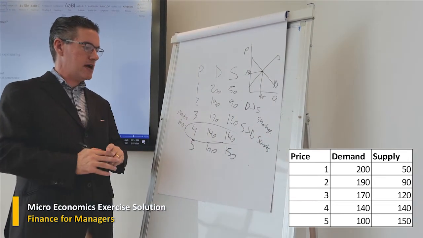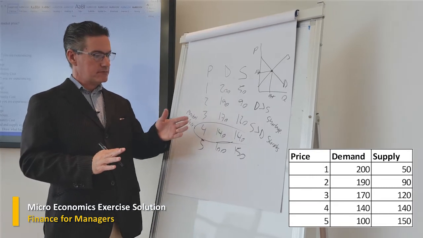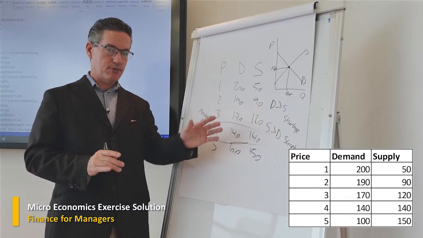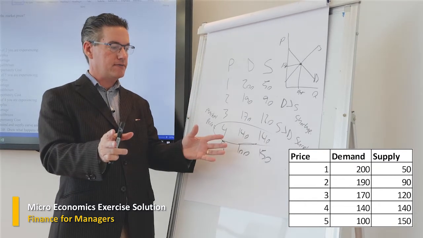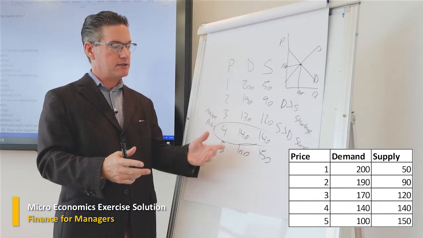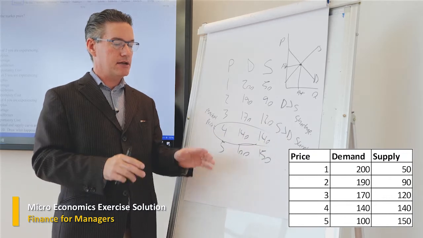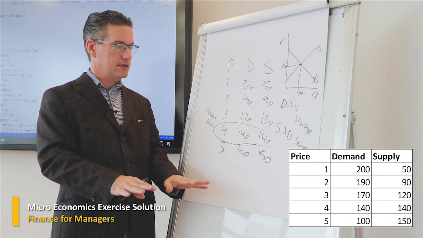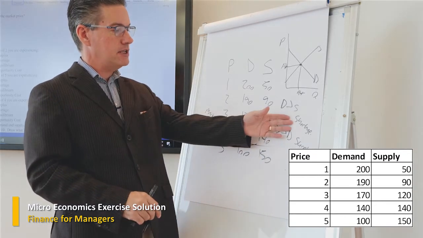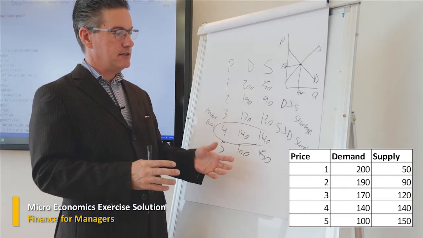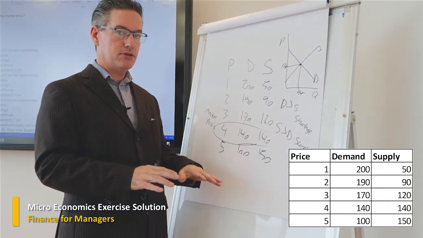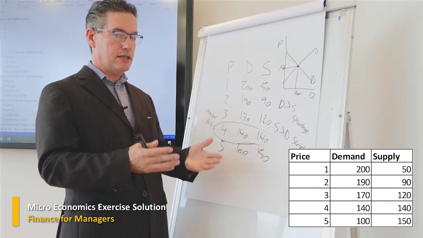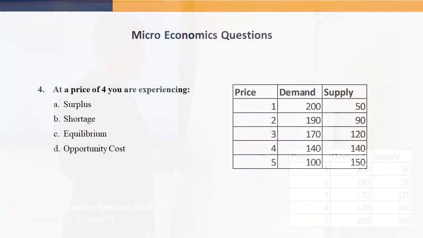Normally in the market, if you have a surplus, the supermarket has too much stuff and not enough people are buying it. They'll have to lower the price to sell more. And conversely, if they run out of things fast, they have a shortage, their price is too low, and they can raise their price. So these are the market forces in action.